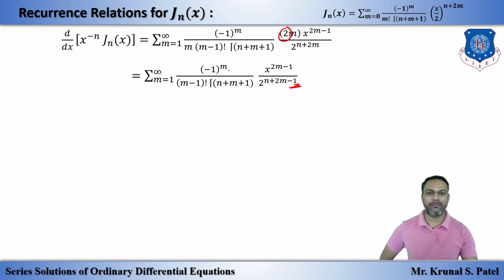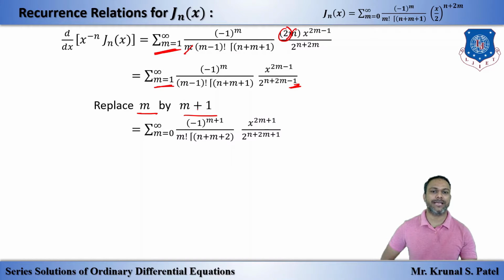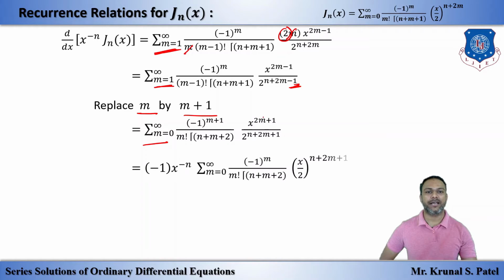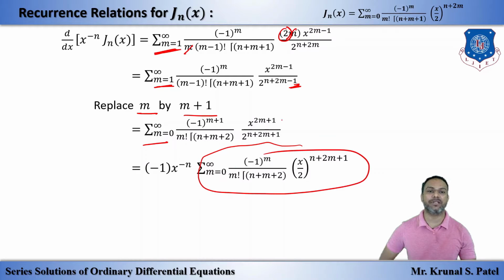The m cancels out with this one, and we replace m by m plus 1, because we are differentiating with respect to x, so this becomes 0 for m equal to 0, and we start with m equal to 1. We put m equal to m plus 1, so m starts from 0, and by simplifying again you can see that this is nothing but our J(n plus 1).